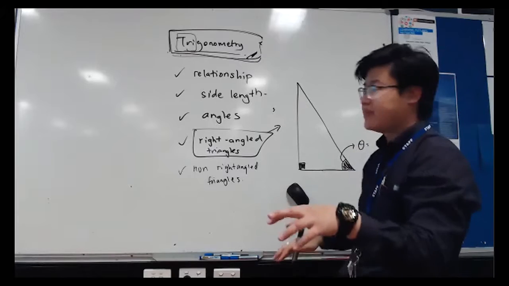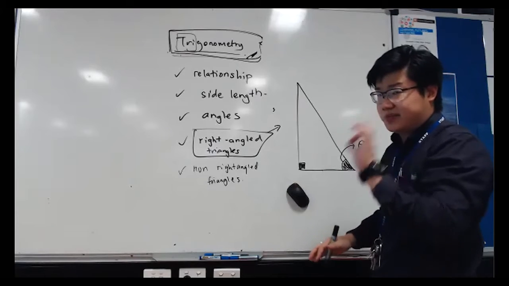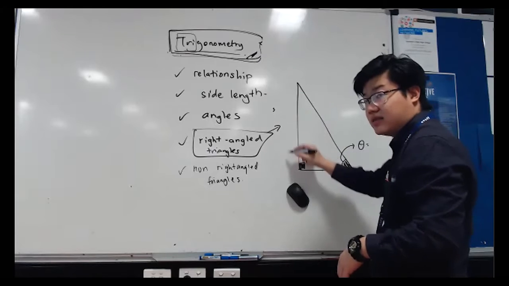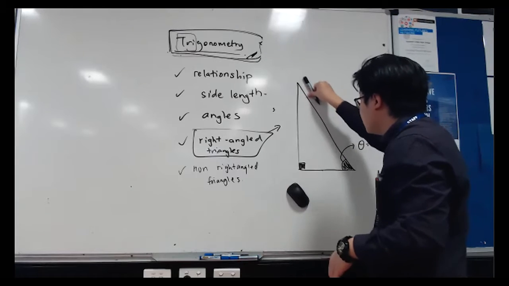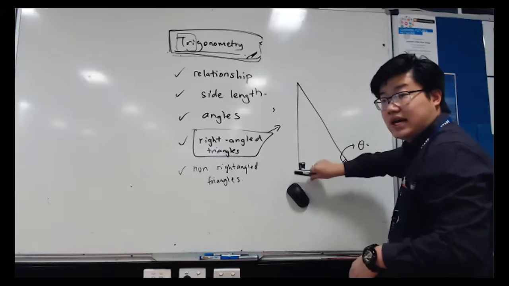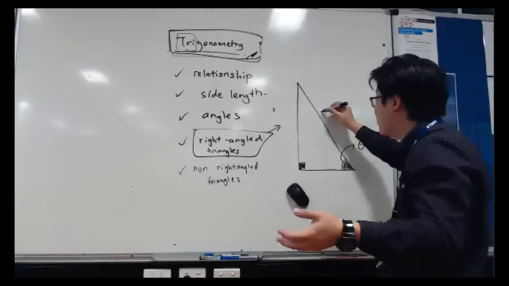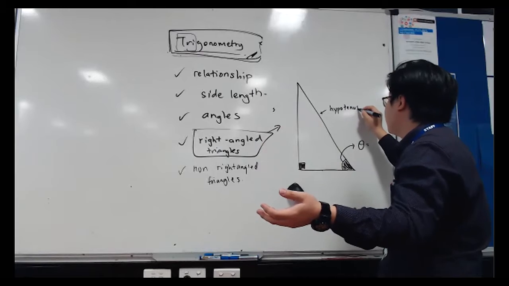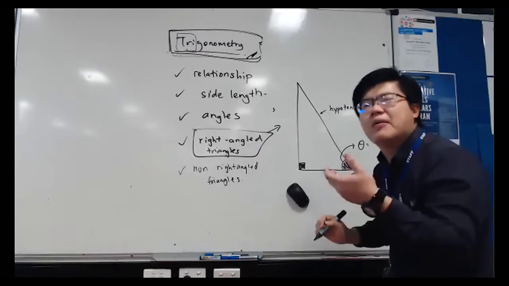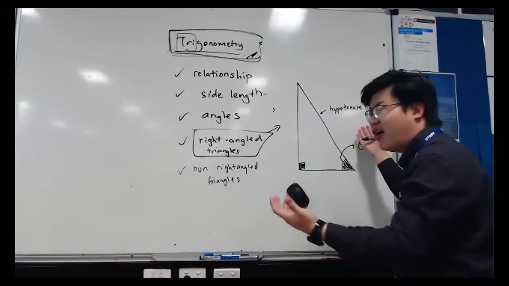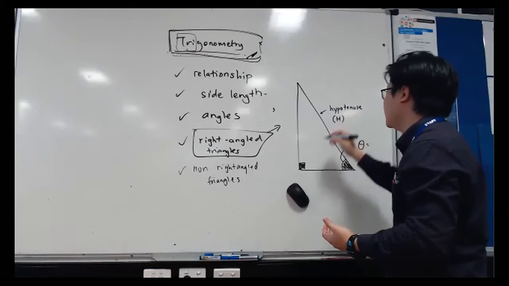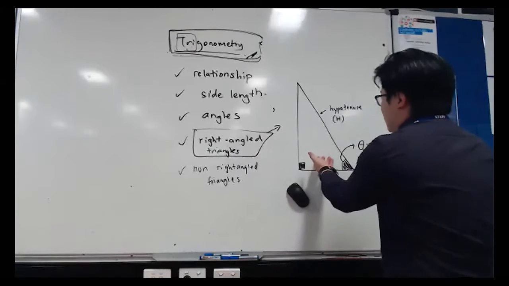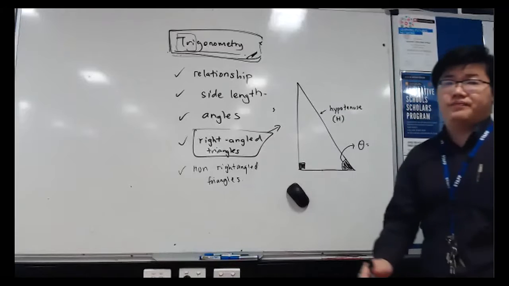There is going to be a specific name given to each side length. What's that one called? Hypotenuse, exactly. We're not going to write hypotenuse every time, it's too long. We just summarize it with H, hypotenuse. So what about the other two sides?